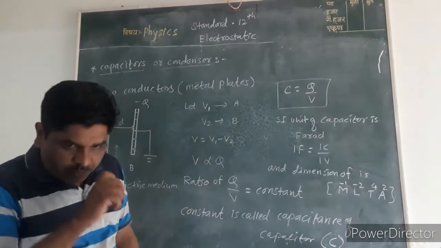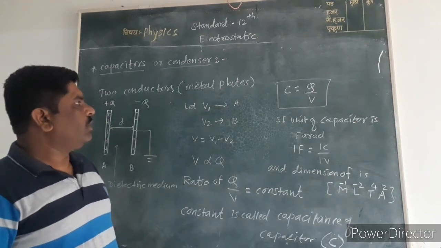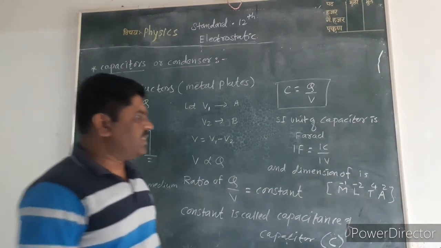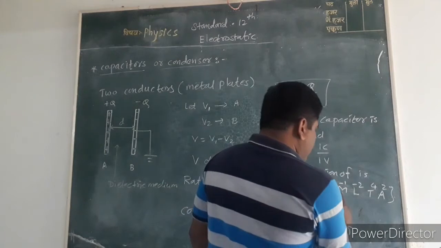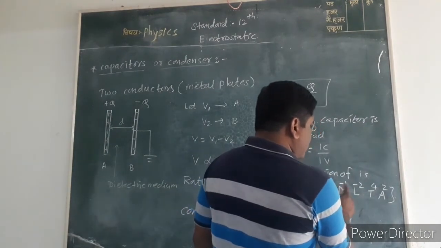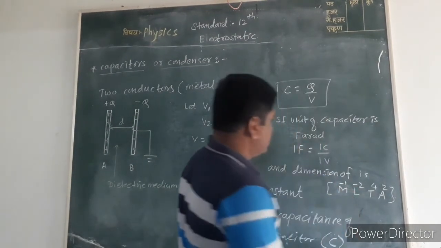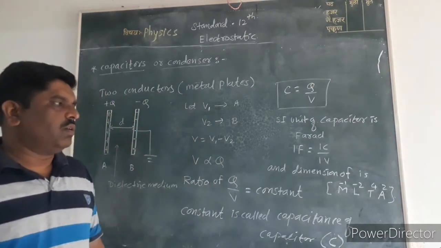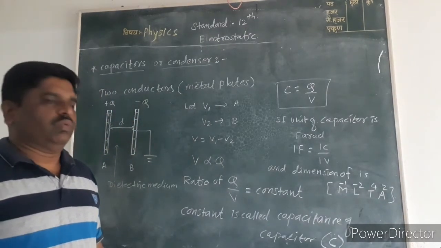This is the dimension of capacity of the capacitor, M raised to -1, L raised to -2, T raised to 4, A raised to 2.